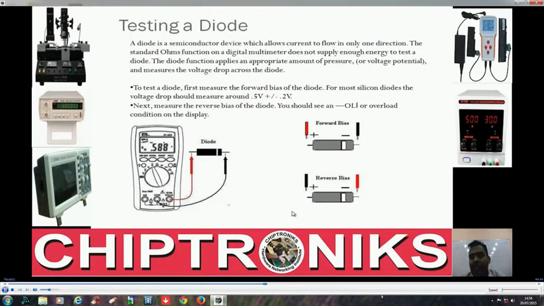We call it PN junction, P side and N side component. P side means that that component is having a lot of holes present in it, and the N side component means that that side is having more electrons present in it. So a diode has a PN junction, and forward bias means the P side should be connected to the positive power supply and the N side should be connected to the negative power supply.